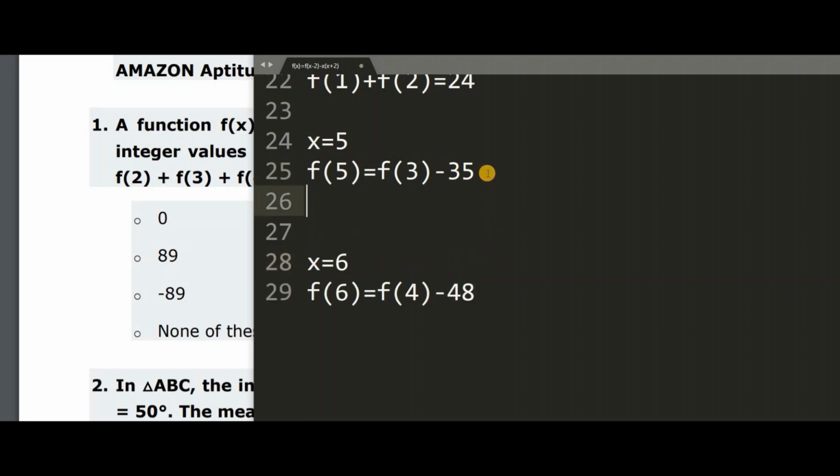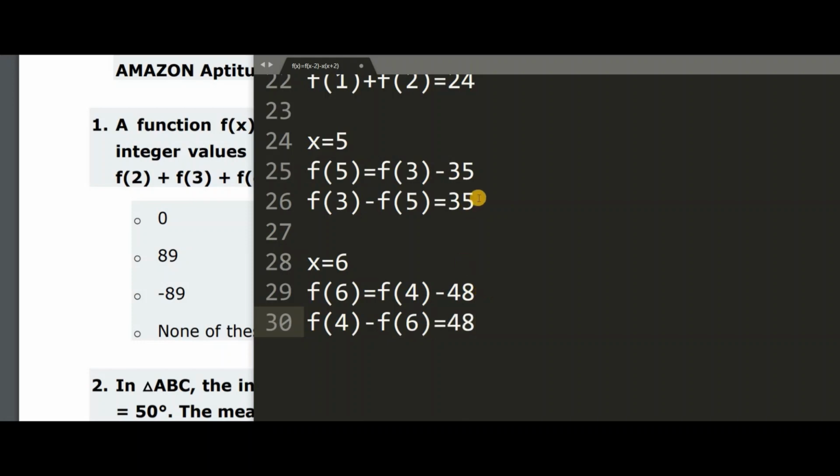So we can write these equations as f(3) - f(5) = 35 and f(4) - f(6) = 48.